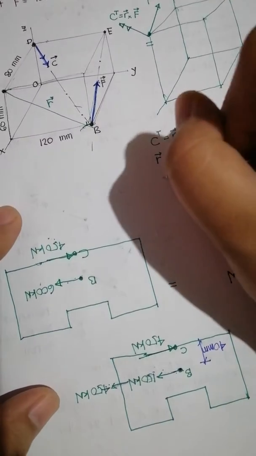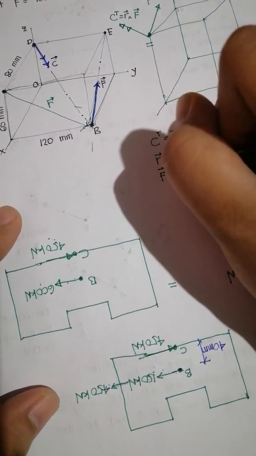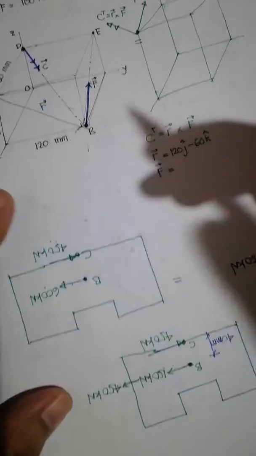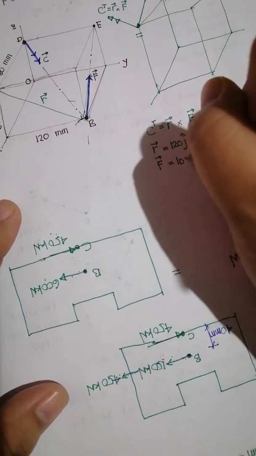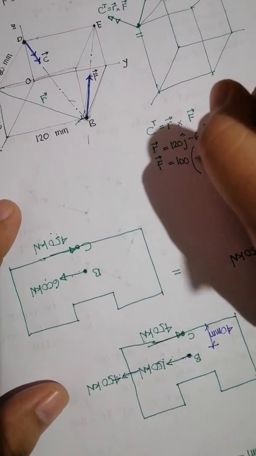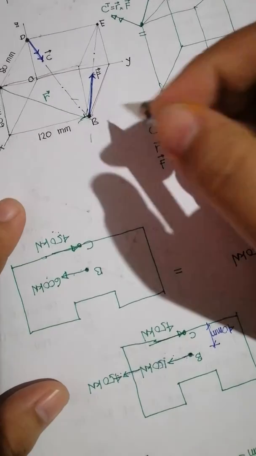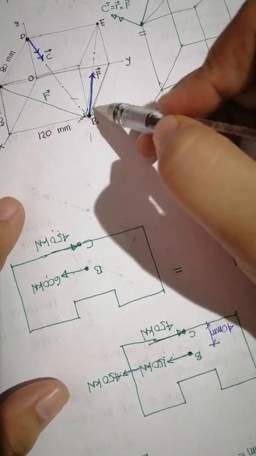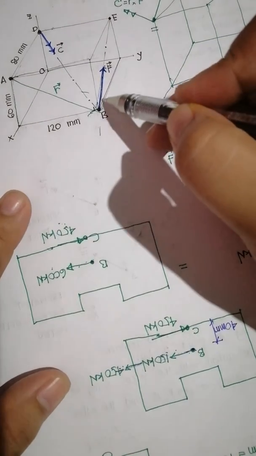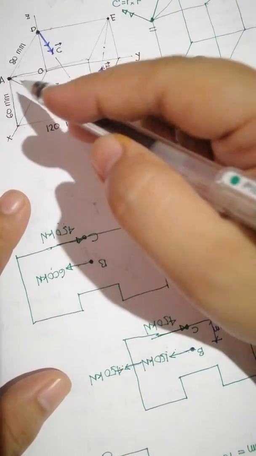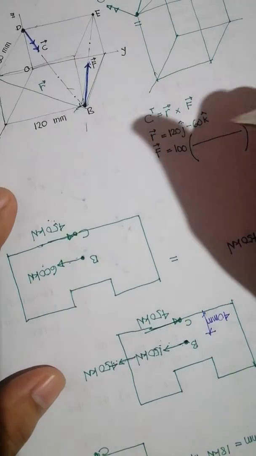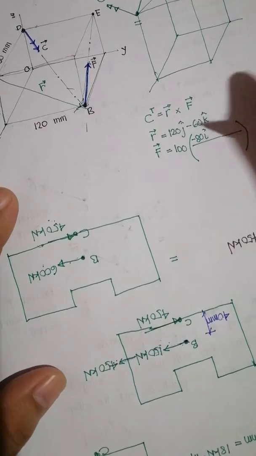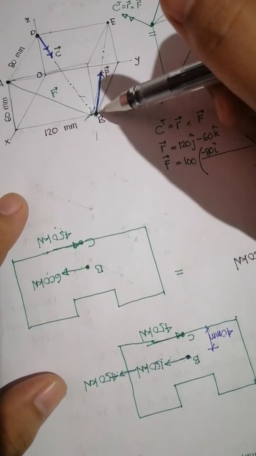Then we also need, of course, the force vector F, which has a magnitude of 100. We'll multiply it to its unit vector. For its unit vector, we will be using the position vector from B to E. The x component would be 80, so that would be negative 80 i hat.